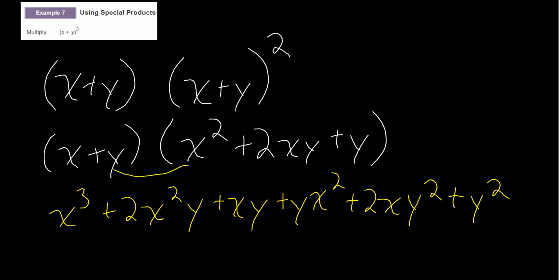Yx squared, 2xy squared, and y squared. Ah, okay, so I knew something was playing tricks on my eyes. I knew that we had to combine like terms, just by the nature of problems like this. Here's where my eyeballs were messing me up.